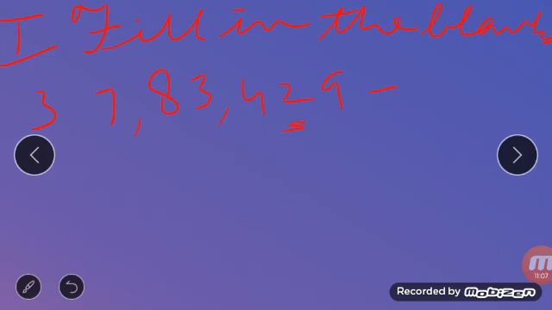Now you have to show this 2. 2 is in tens place, no? So 2 multiply 10, that you have to write in the bracket, plus 9 multiply 1, this is in one place, that you have to write in the bracket. So that is another way of writing the number in the expanded form.